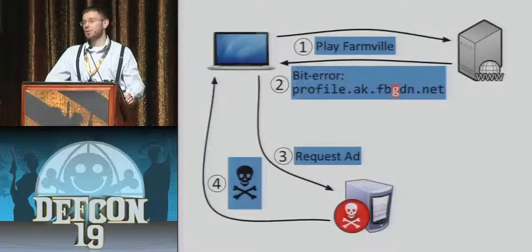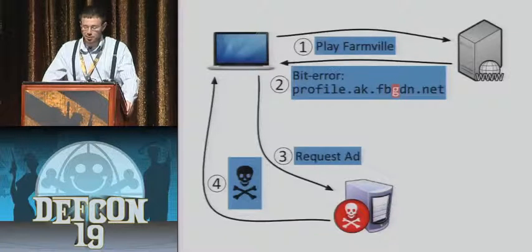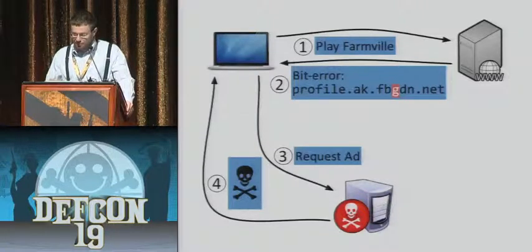Once again, this bit error gets cached somewhere in the Farmville cache, and gets served up to 130 different people who request ads from me. Of course, you don't have to send them ads. I chose to send 404s, but there's no reason somebody malicious couldn't send them some choice JavaScript. And that's it for event B.